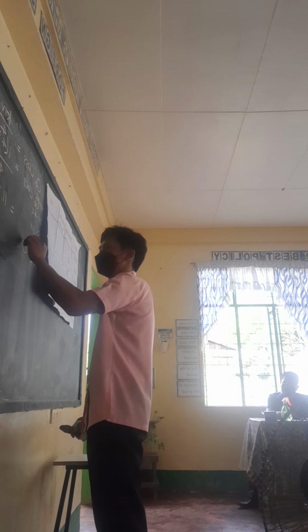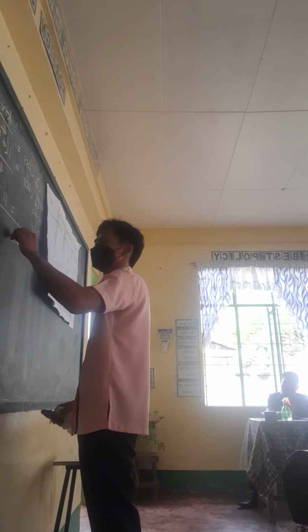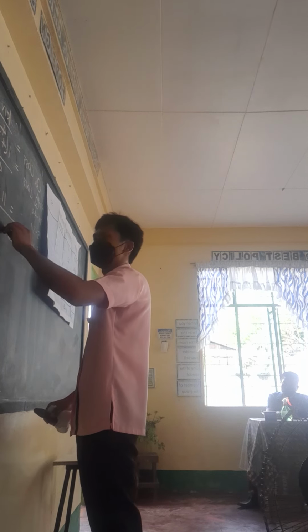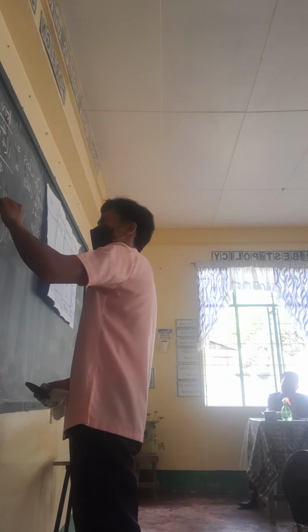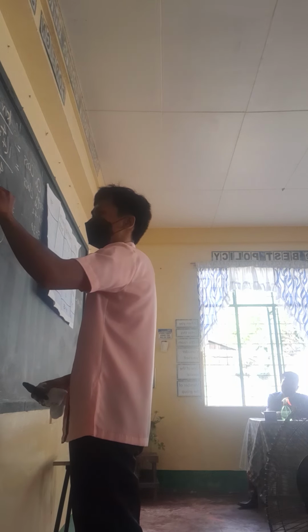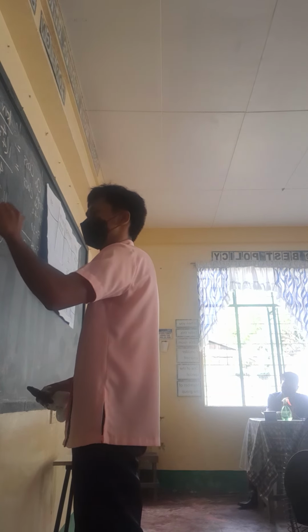So we'll use the formula Qk is equal to lower boundary plus the quantity of kn over 4 minus the less than cumulative frequency before the class, all over the frequency of the class, times the interval.